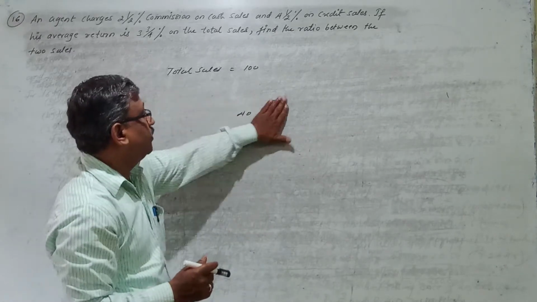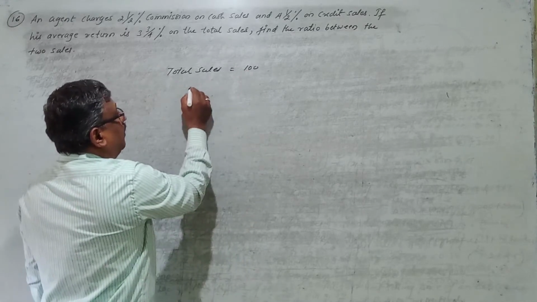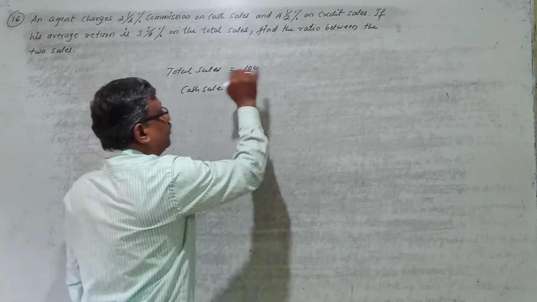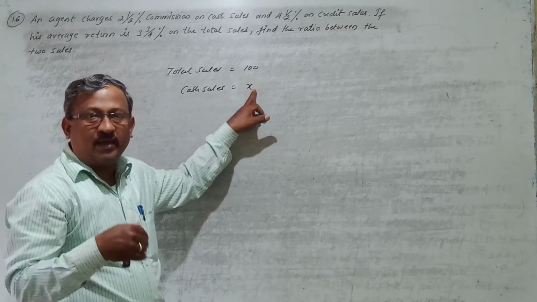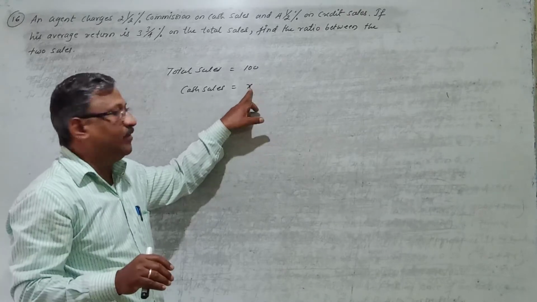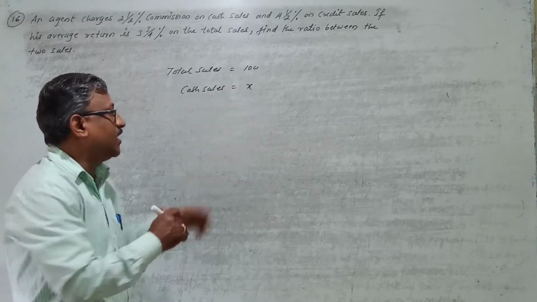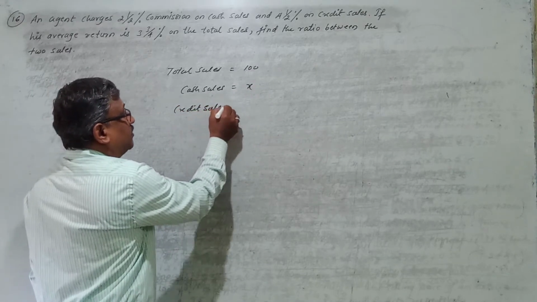So what I will do here, out of 100 rupees total sales, again I will assume my cash sales. Cash sales be rupees X. Out of 100 rupees, exactly what my cash sales are is not known, so I will denote them by X. If my cash sales are X, then my credit sales must be what?